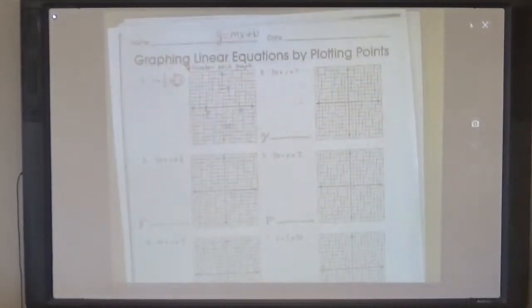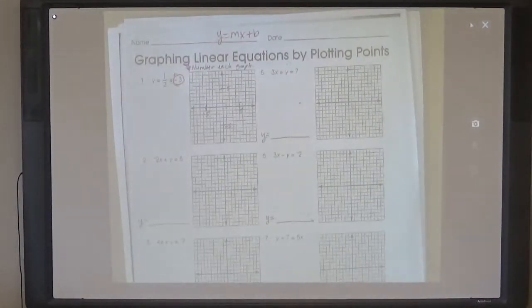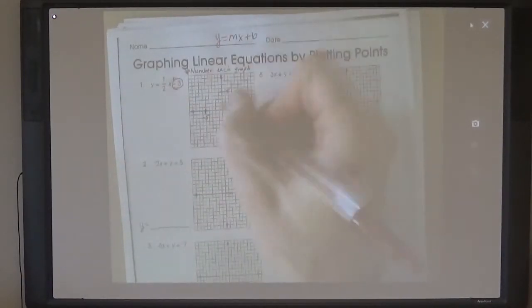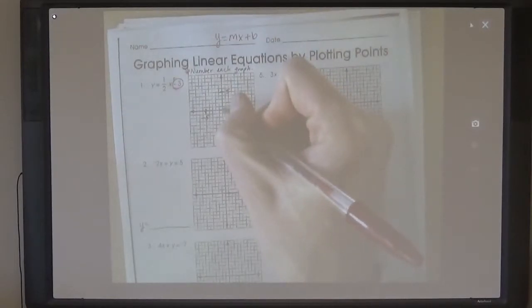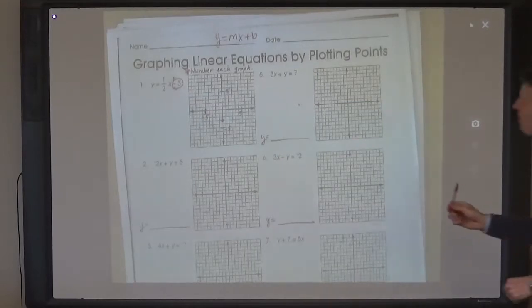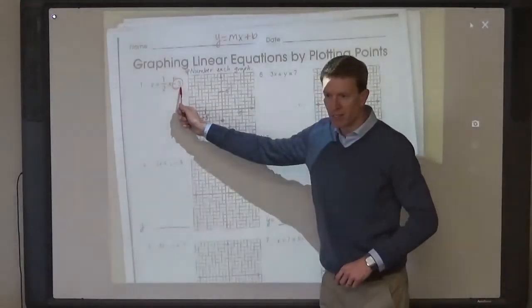Just identify what the interval is you're using. Then, mark -3 on the y-axis because that's where this would cross the y-intercept. So start at 0, count down 3, and mark the first point, because b is -3.